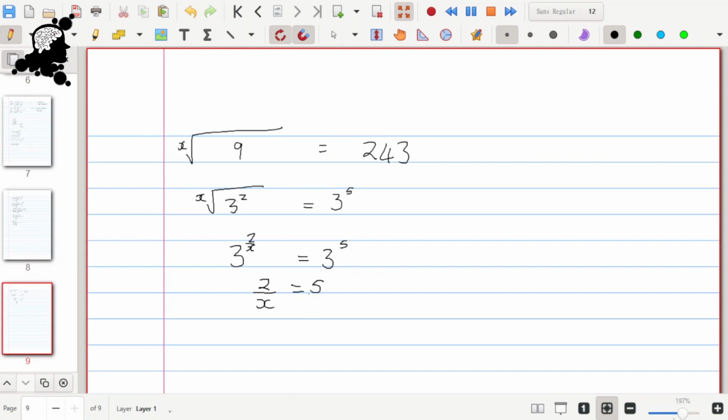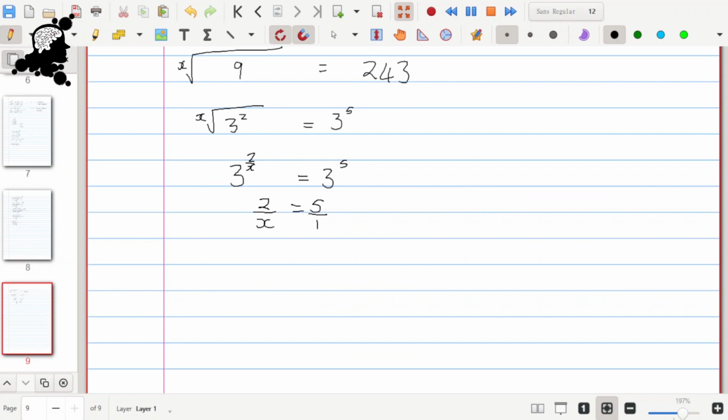You could say this is 5 over 1. Now we can go ahead and solve for x by cross multiplying. So I'm going to get 5x is equal to 2. We're supposed to divide by 5 on both sides, so that we get x is equal to 2 over 5, and we are done solving the equation. Life is great.